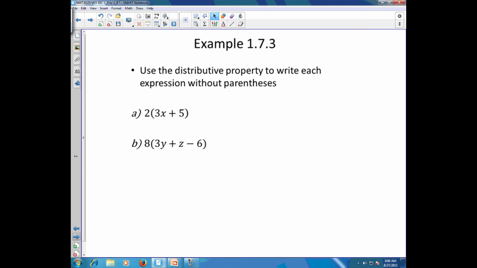So we want to use the distributive property to just rewrite these expressions without parentheses. So here we have 2 times (3x plus 5). The 2 is going to distribute to each term. 2 times 3x is just 6x. And 2 times 5 is 10.